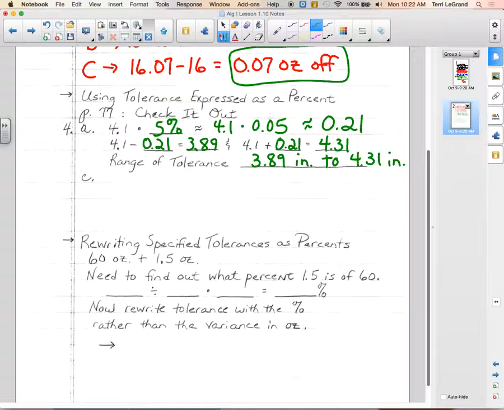Okay, you do C then. Okay, C: 85 milligrams plus or minus 0.5%.